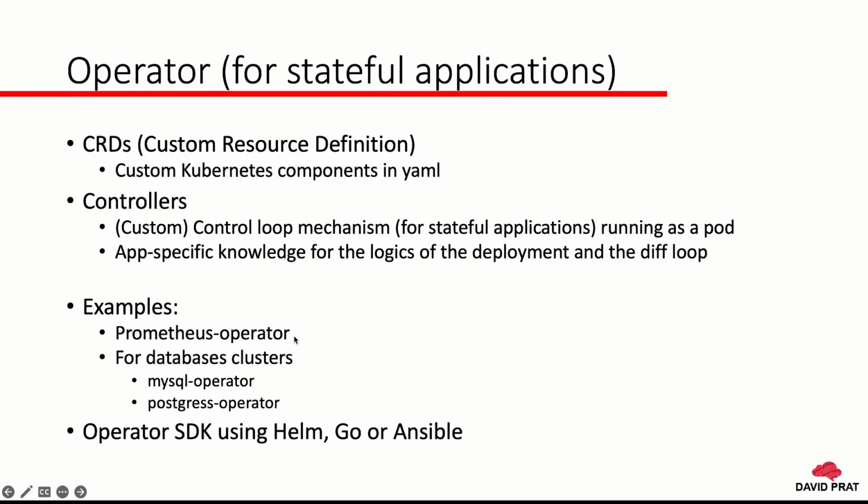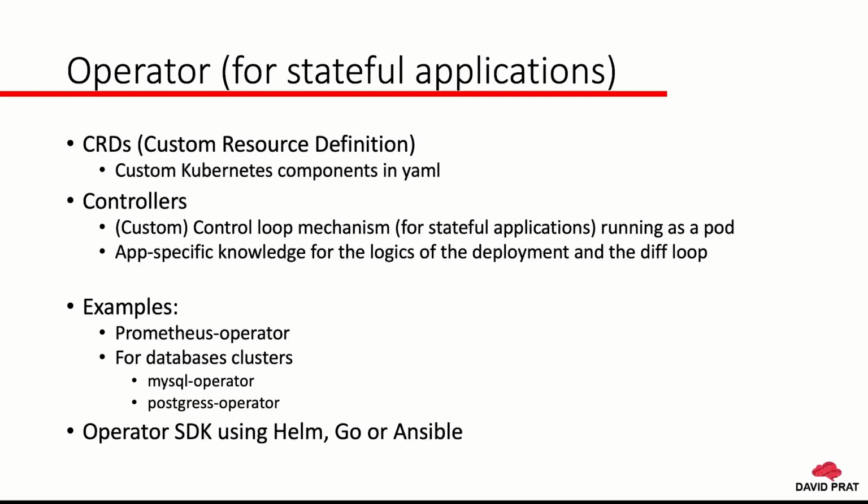And as you have seen, it is composed of different resources. We have the Prometheus server, we have the Grafana charts, and so on. And everything has to be deployed in an order and taking into account some considerations.